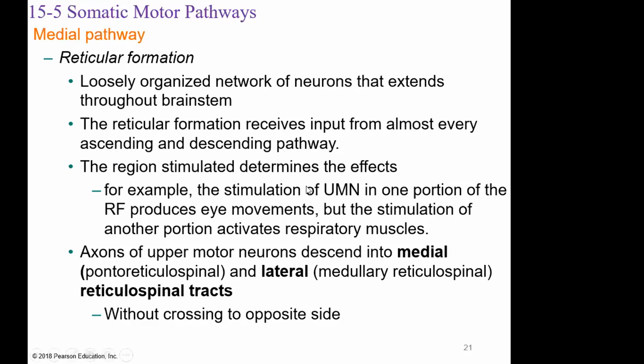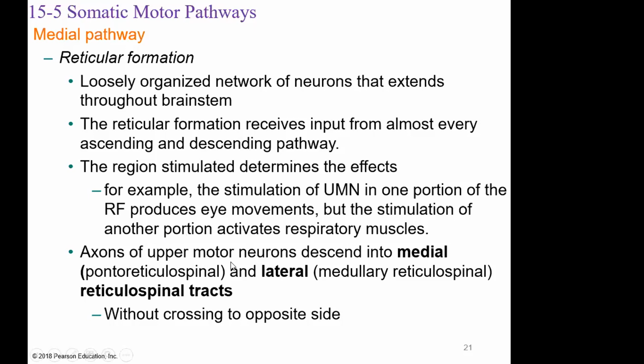So for example, the stimulation of the upper motor neuron in one portion of the reticular formation will produce eye movements, but stimulation of another will activate respiratory muscles. So it's really just about, of course, maintaining homeostasis like we've said all along. What needs to happen at that particular point in time for that person.